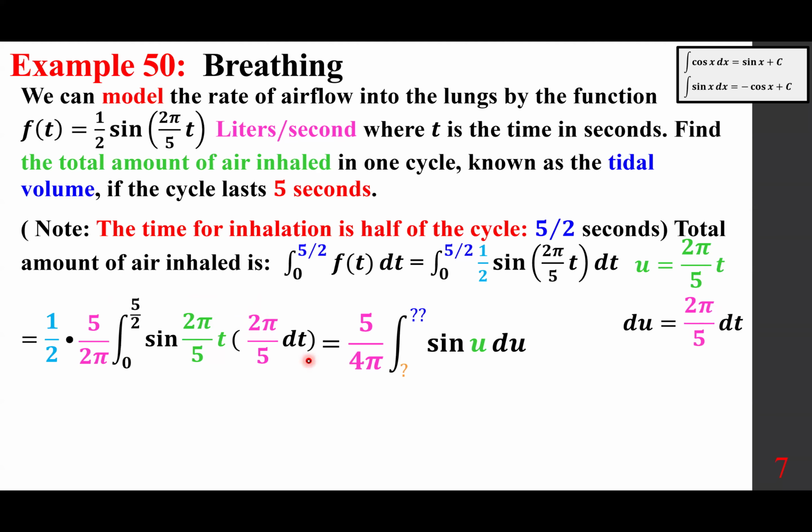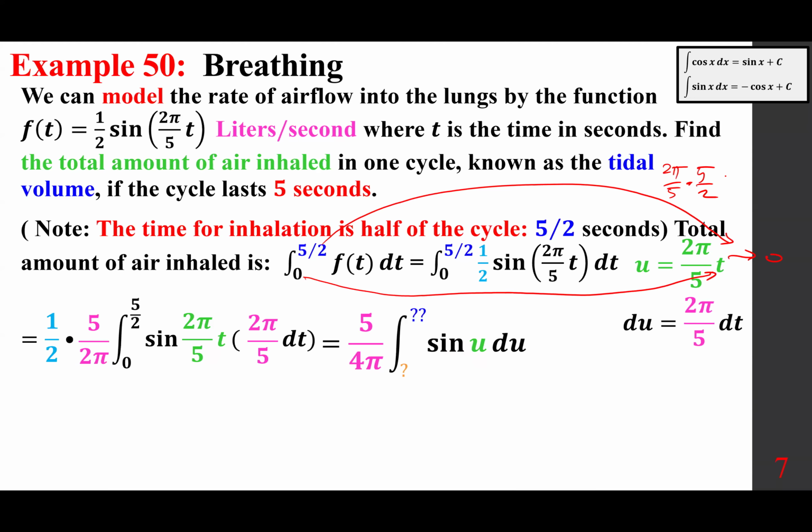Of course, this is 5 over 4 pi sine. Remember, the derivative is positive cosine. The integral is negative cosine u. What are the new limits? Let's find out. So if I put 0 here, that goes to 0. If I put 5 halves here, I get 2 pi over 5 times 5 halves, right?